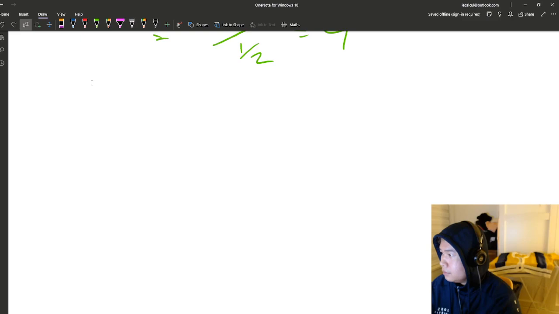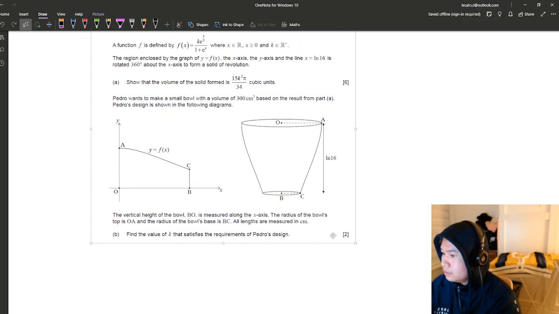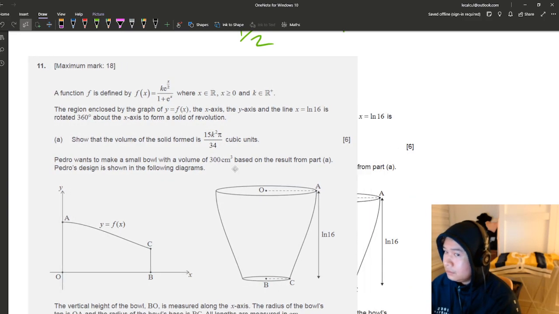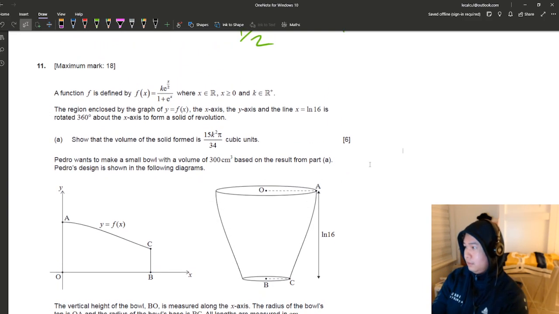Okay. So here's a function, and then we're gonna rotate it from the x-axis to this one, 360 solid revolution.